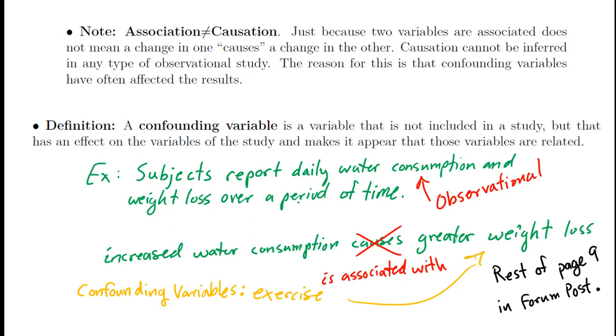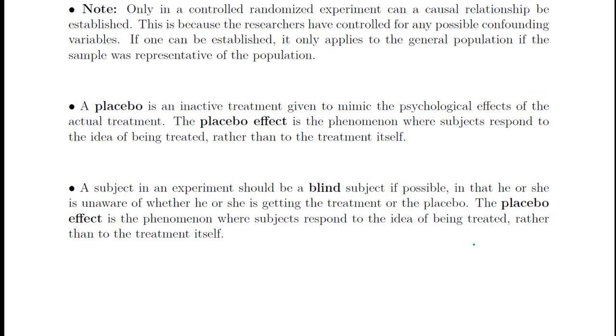So if you randomly assigned subjects in this study to a treatment group and a control group, where you gave both groups maybe the same type of food to eat, gave them a similar exercise regimen, but simply told one group, you're going to drink this much water, and the other group, you're going to drink that much water, then you've controlled for all these things like exercise and what food you eat and all that kind of stuff that we're afraid could be affecting the weight loss. Right? We've controlled for that. So that's why an experiment has the ability to establish causal relationships potentially.